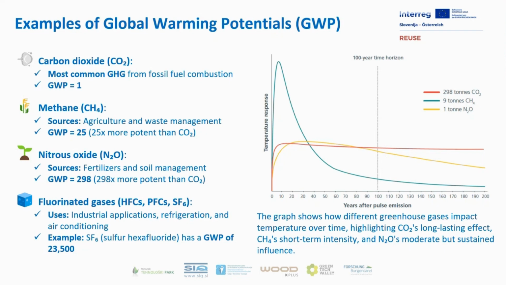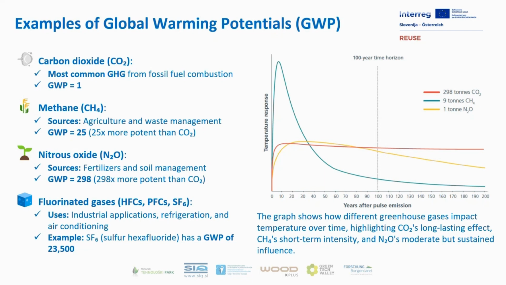Like I said, fluorinated gases are synthetic gases that are used in things like refrigerators, air conditioning, which we all have basically, and various industrial processes. Even though they're released in smaller quantities, they have extremely high GWPs.